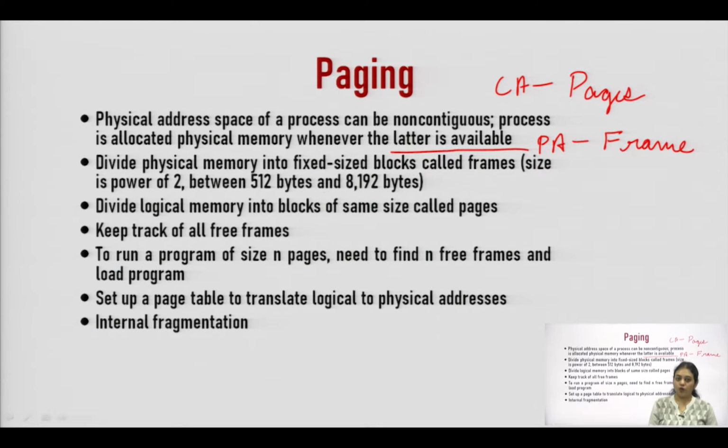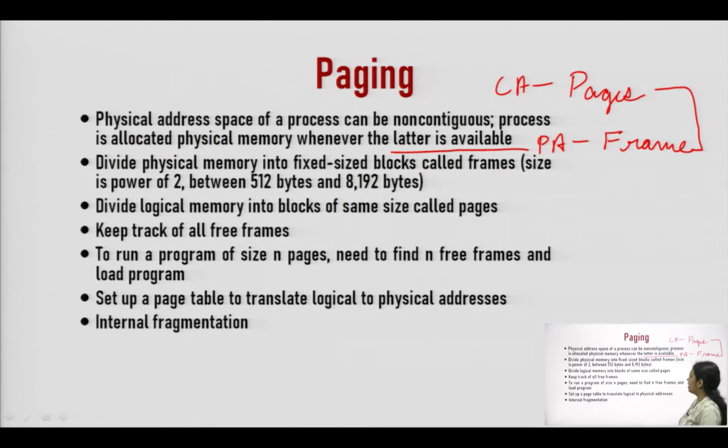Now, one of the requirements is that the size of the page and the frame should be equal. Why? So that one page can fit into one frame of the physical memory, right.